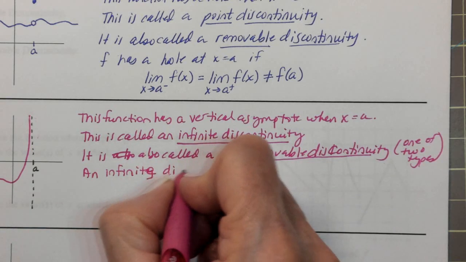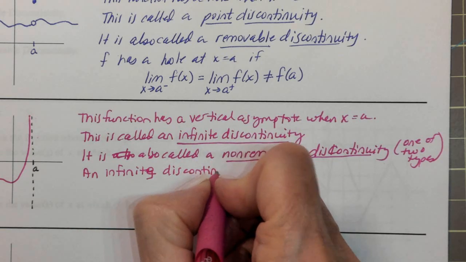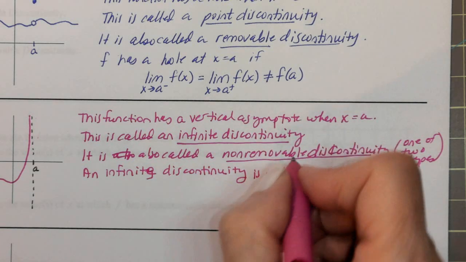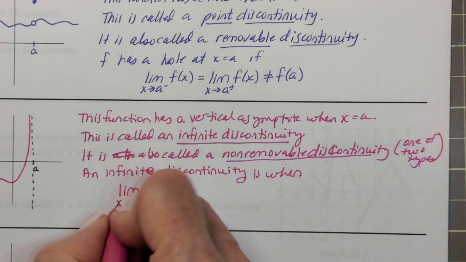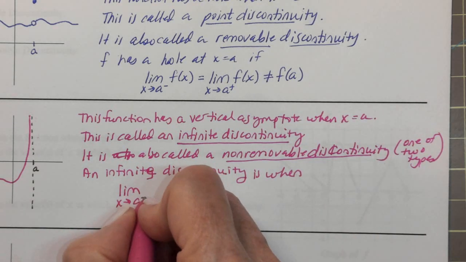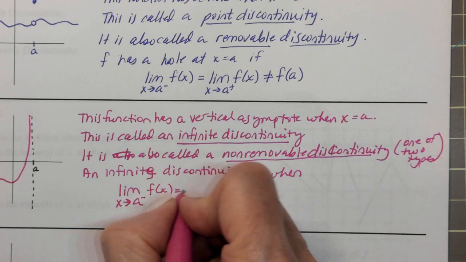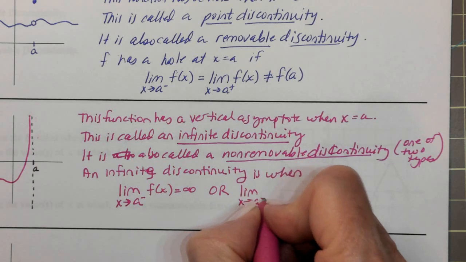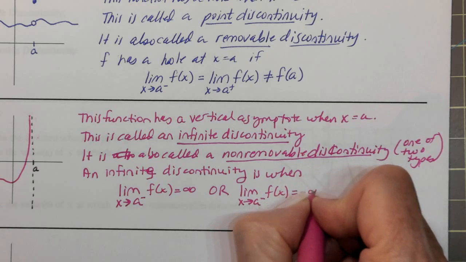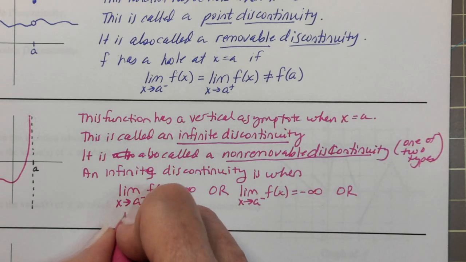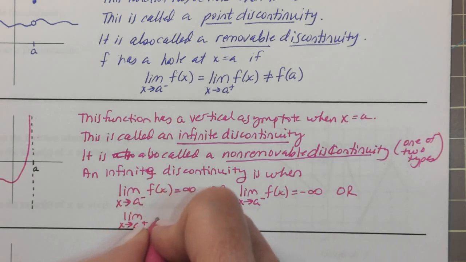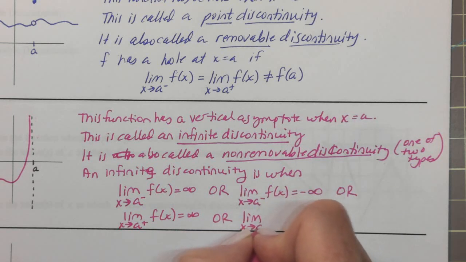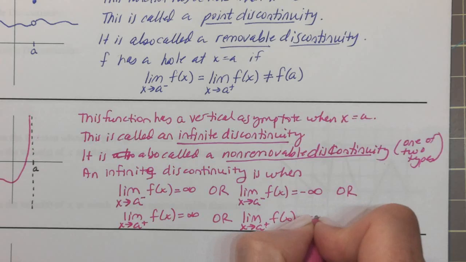Infinite discontinuity is when the limit as x approaches a from the left of f of x is equal to infinity, or the limit as x approaches a from the left of f of x is negative infinity, or the limit as x approaches a from the right of f of x is infinity, or the limit as x approaches a from the right is negative infinity.